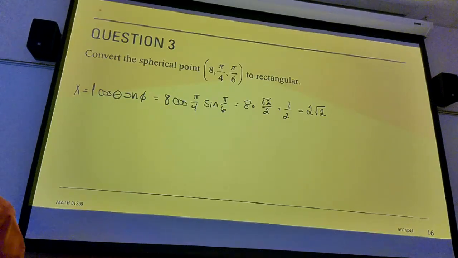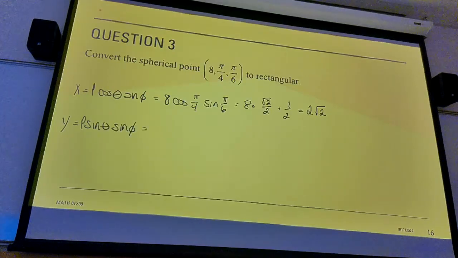How do you find the y coordinate? Rho sine theta multiplied by sine phi. What is sine of pi over 4?